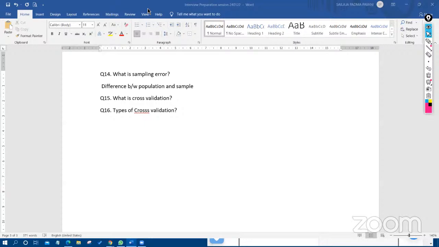You have k-fold cross validation. Yeah, leave one out. Hold out cross validation, k-fold cross validation, leave p out cross validation.